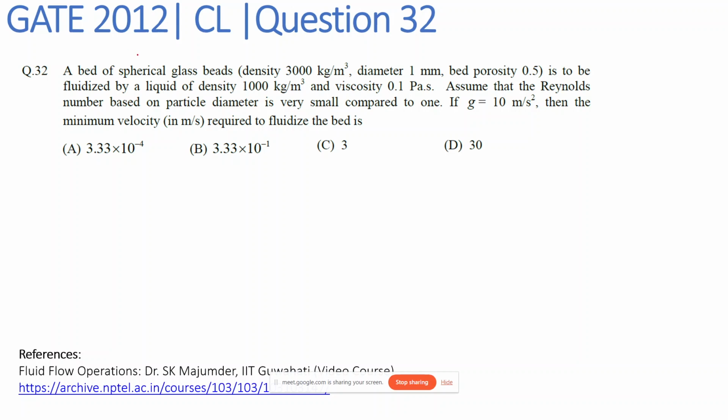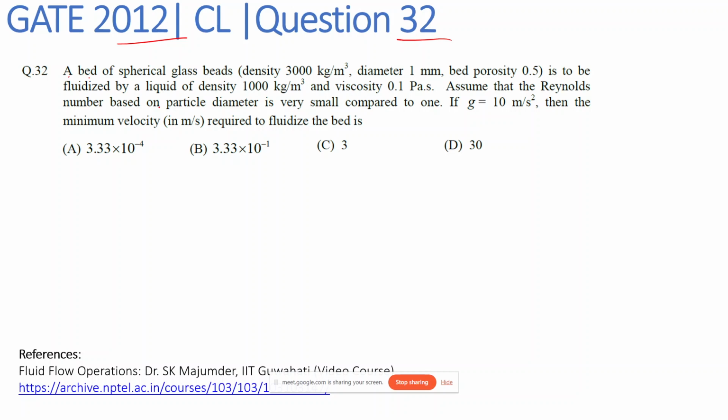So this is question number 32 from GATE 2012. So here it has been stated that a bed of spherical glass beads of density 3000 kg per meter cube, diameter 1 mm, bed porosity 0.5, is to be fluidized by liquid of density 1000 kg per meter cube and viscosity 0.1 pascal second.